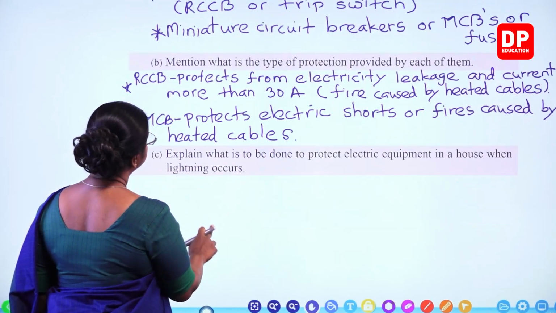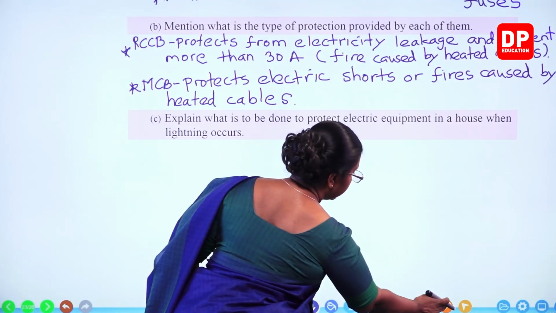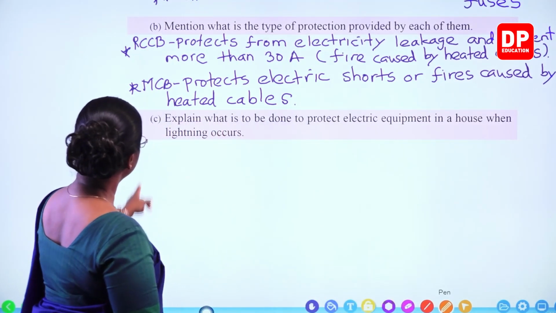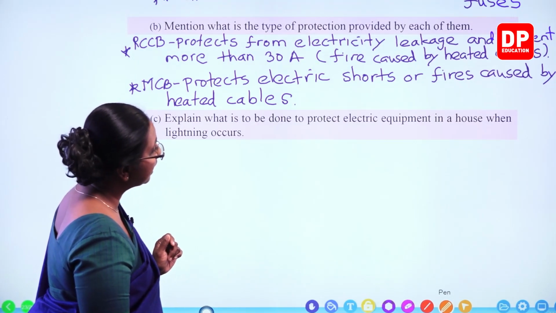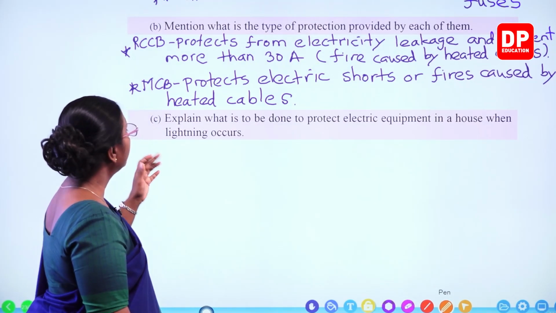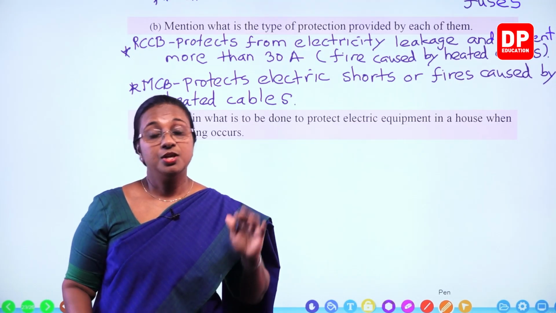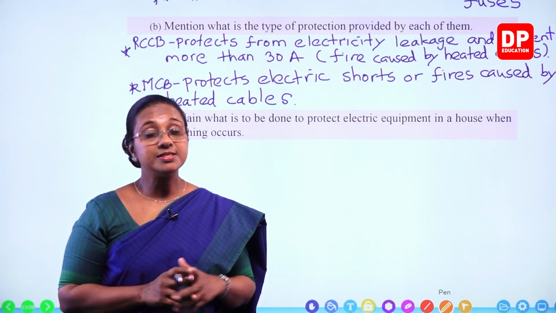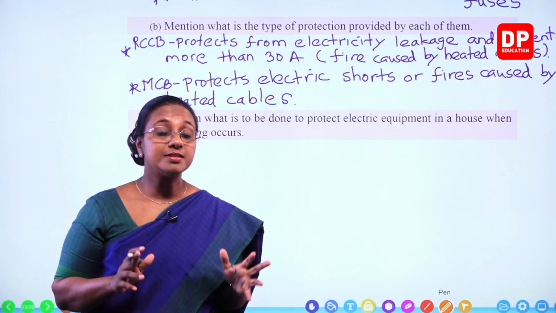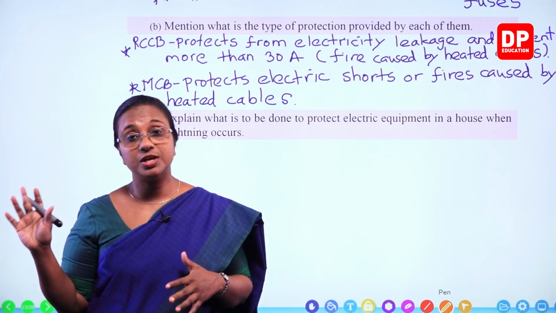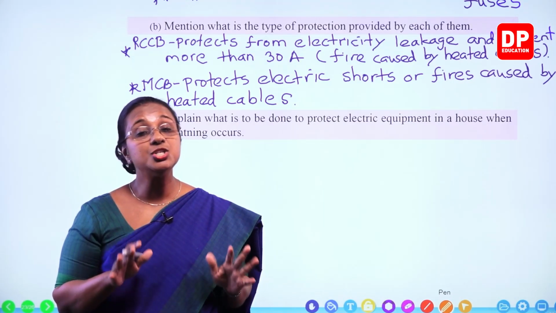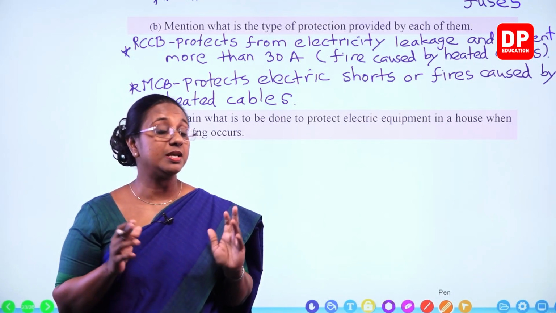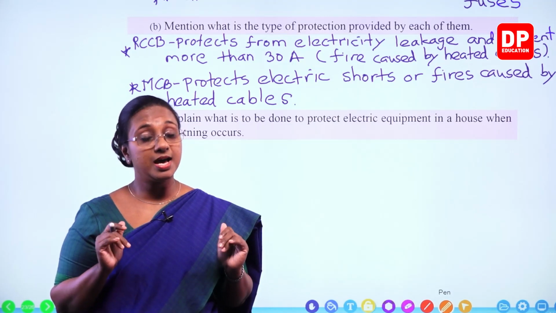Then, the third part of the question, that is C part, explain what is to be done to protect electric equipment in a house when lightning occurs. So you have to remember, students, sometimes the RCCB cuts off the power to the household when there is lightning. But that is not ensured by the RCCB because that's not the function of an RCCB.